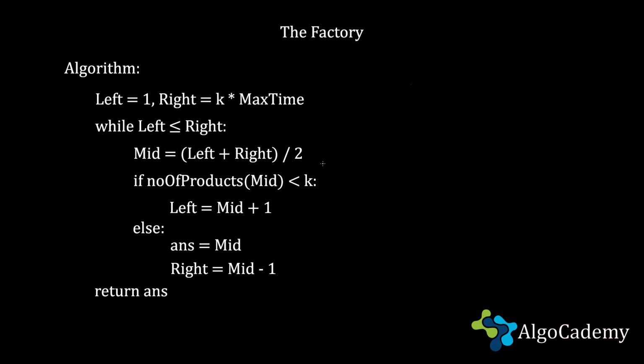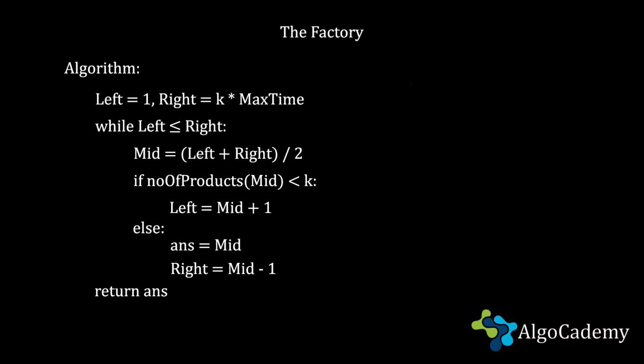All right, here is the algorithm. As you can see, I am starting with my left endpoint at the smallest value that t can take, which is 1, and with the right endpoint at the greatest value that t can take, which is k times max time. Then I start my binary search. While the searching area is still valid, so left is less than or equal to right, I compute the middle amount of time, left plus right divided by 2.